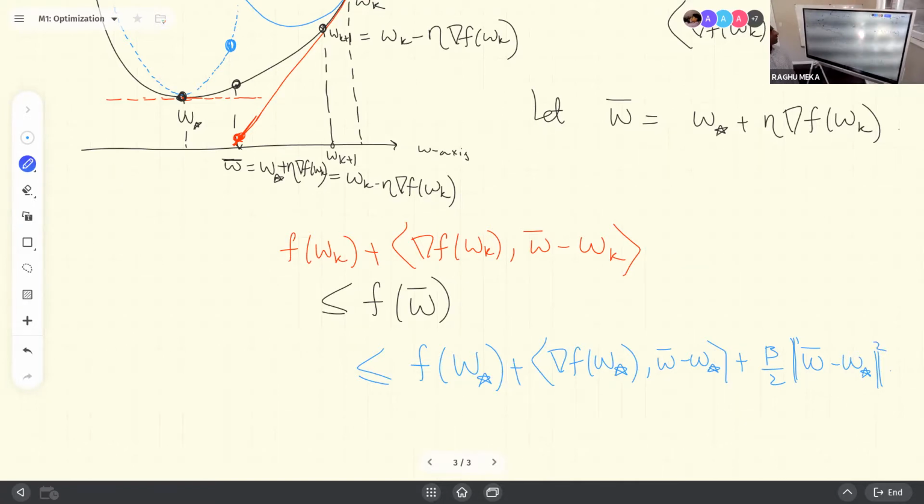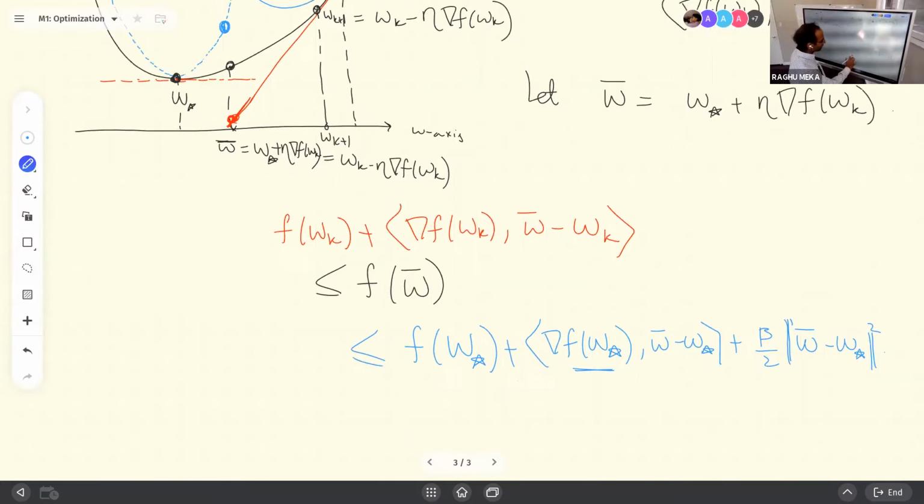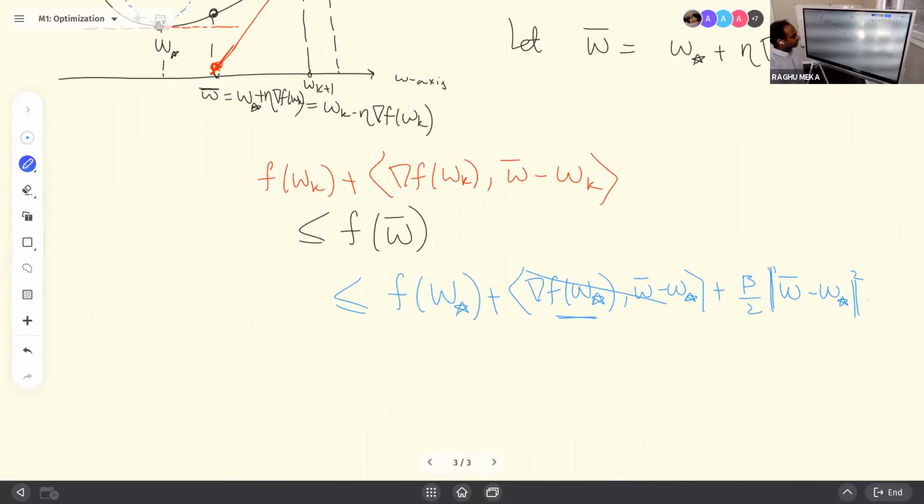Okay, so I compared the blue dotted parabola to the red line. I mean, f sandwiches between these two, right? But what is the gradient of f at w star? Zero, right? So you already pointed it out, so I can get rid of this term.